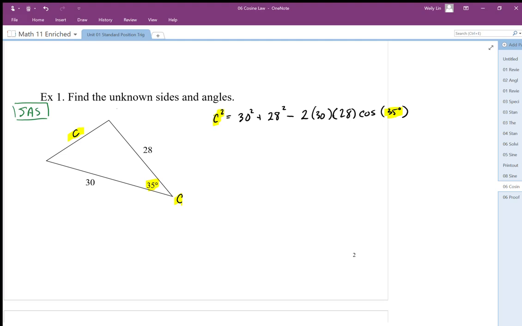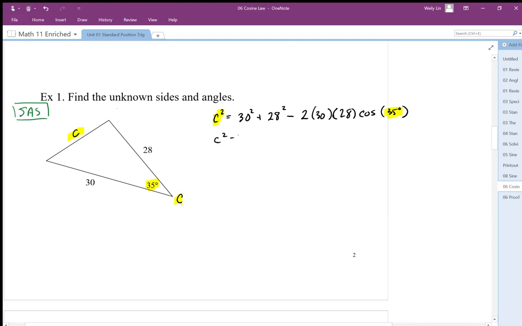So, working out the calculations here, using my calculator. I'm going to go 30 squared plus 28 squared, which gives me 1684.